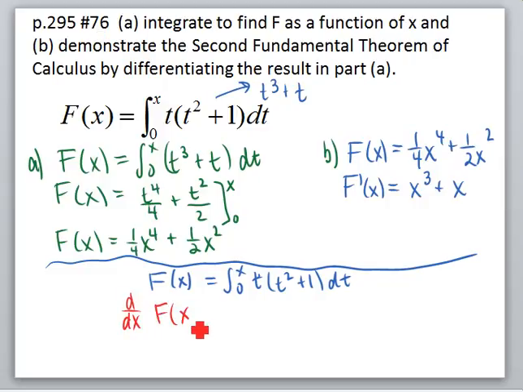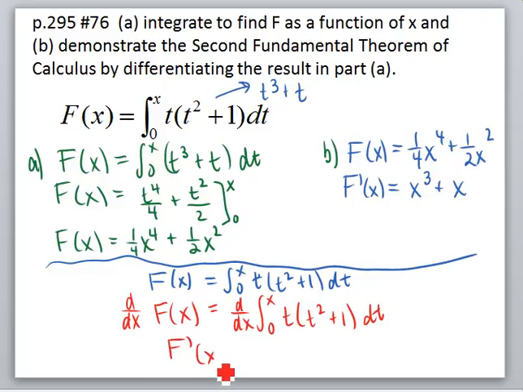So you would take the derivative of each side, and we'll go ahead and write that out. And what happens when you take the derivative is you get f prime of x is equal to, these cancel, and all you're doing is substituting that x back in. And so we end up getting the same answer. So this is the work we're going to be doing on the second fundamental theorem of calculus.